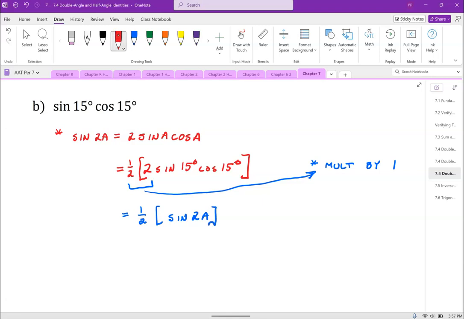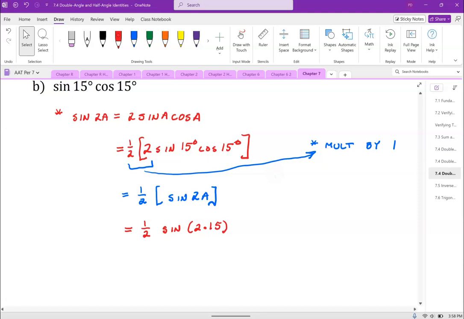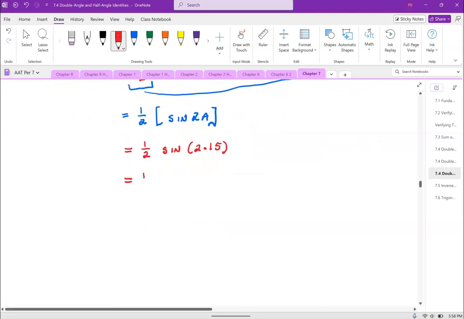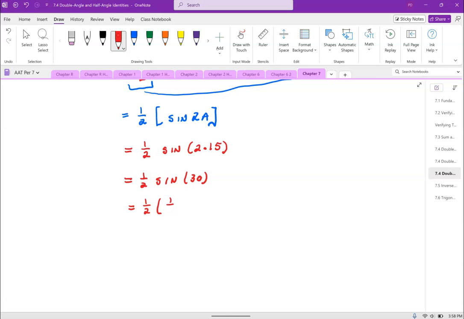So now if I think about that in terms of 2 sine 15 cosine 15, what I really have is 1/2 of sine of 2 times 15, which is 1/2 of the sine of 30. And we know the sine of 30, I'm hoping. You get 1/2 times 1/2, which is 1/4.